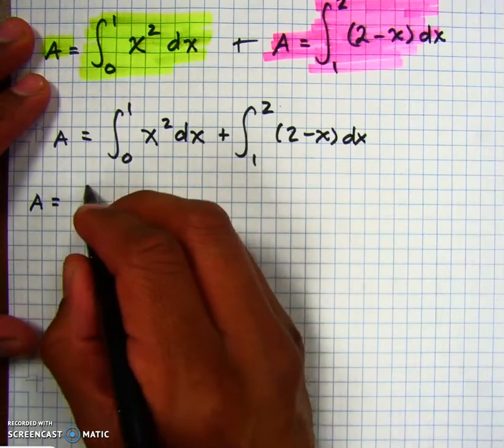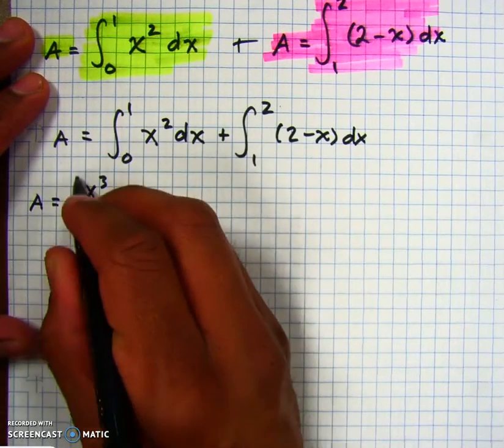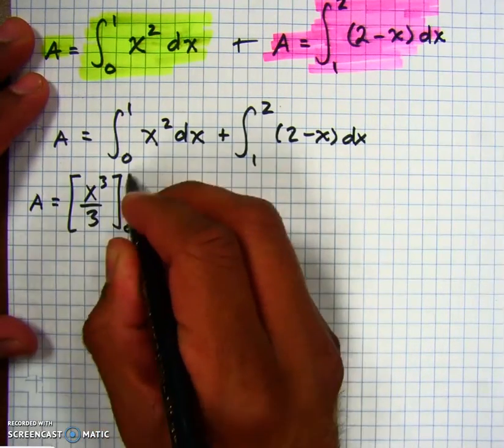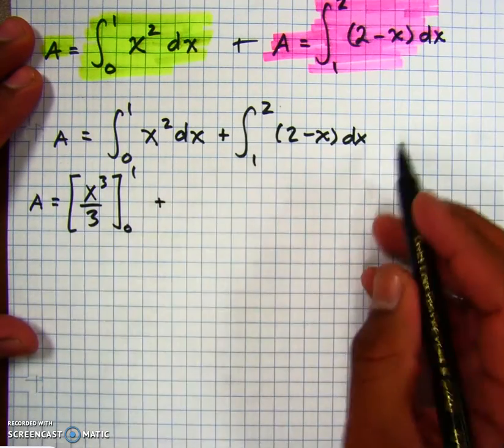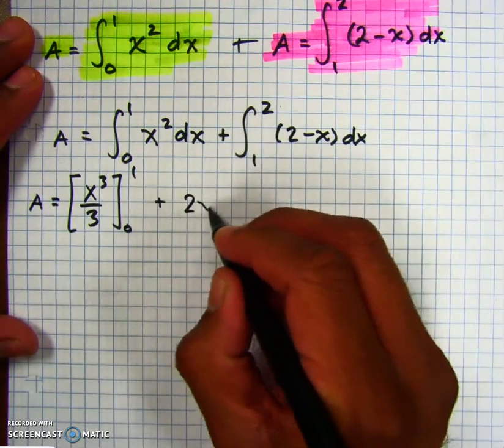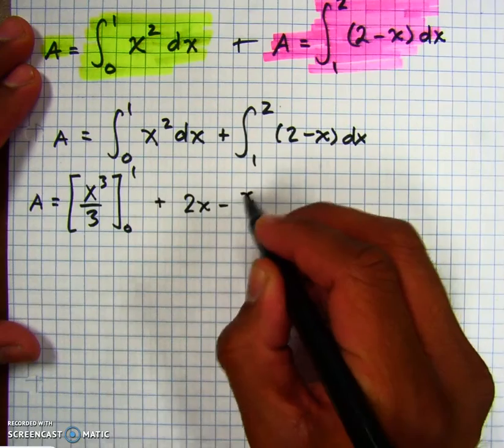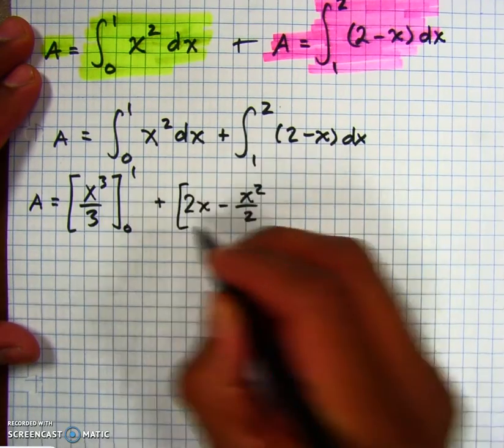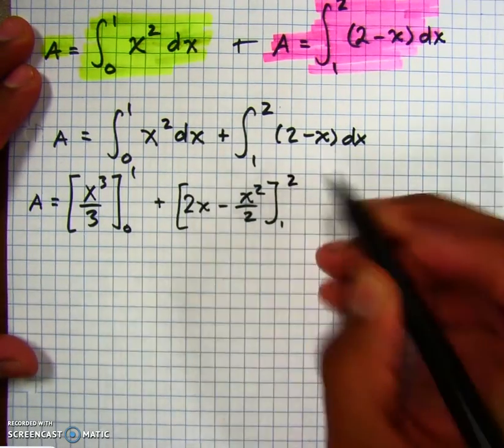So we're going to integrate this: x cubed over 3 from 0 to 1 plus, now this is 2x minus x squared over 2 from 1 to 2.